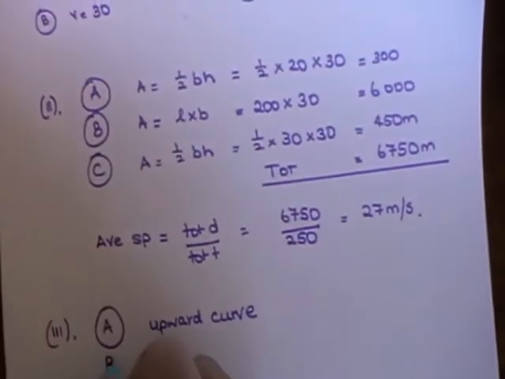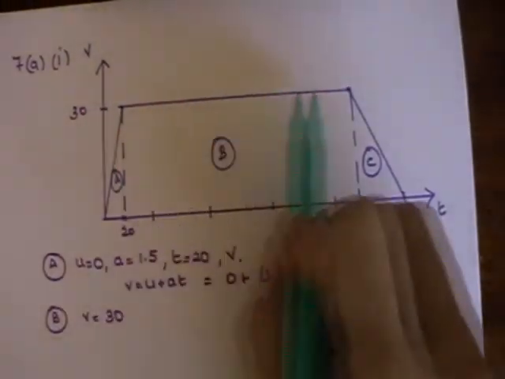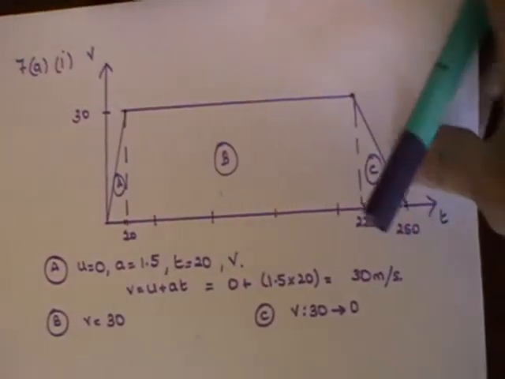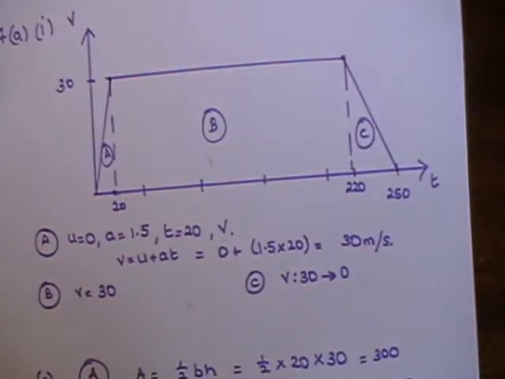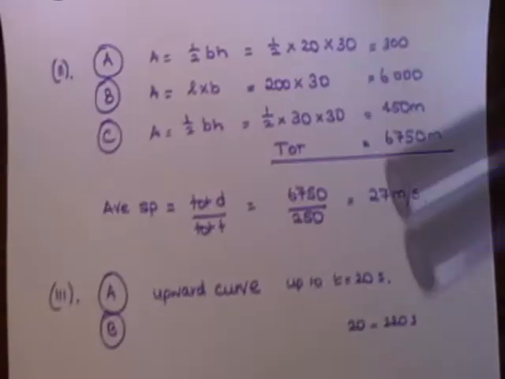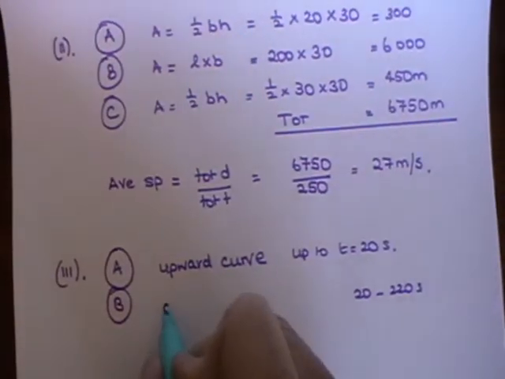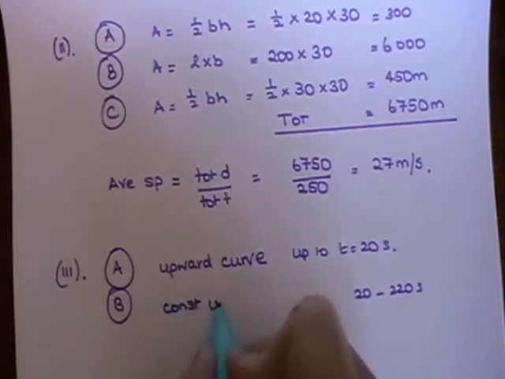So part B of the graph then has got a constant velocity, and that takes you from 20 seconds to 220. And a constant velocity on a displacement time graph will be a constant, upward slope.